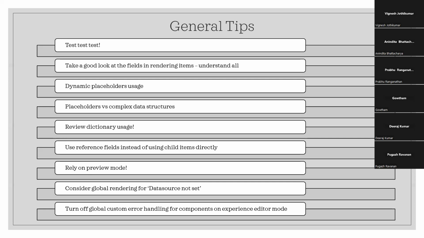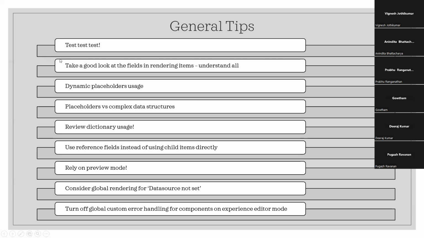Make a pass over those fields and make sure that everything is editable in Experience Editor mode. That is something you need to stress on right from the beginning. If you do it in the end, it's just not going to work, because there's so much happening. It needs to be done in a continuous way.